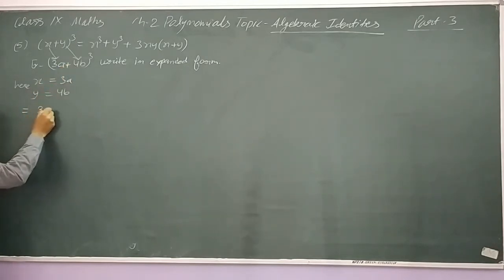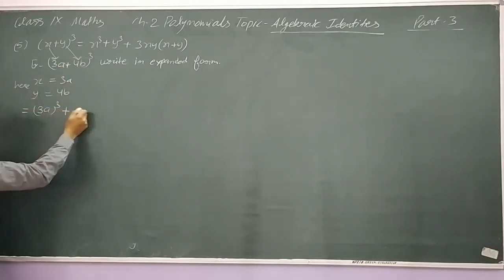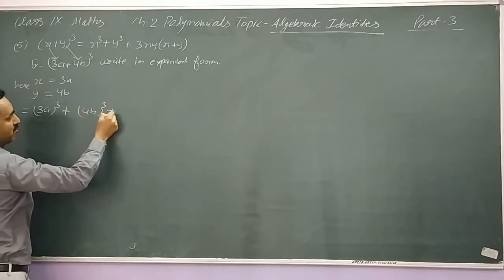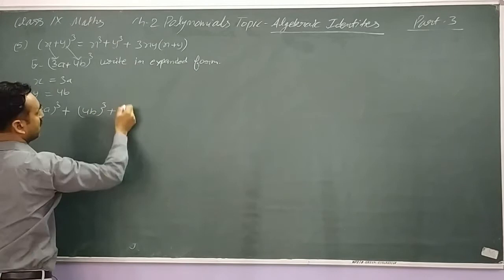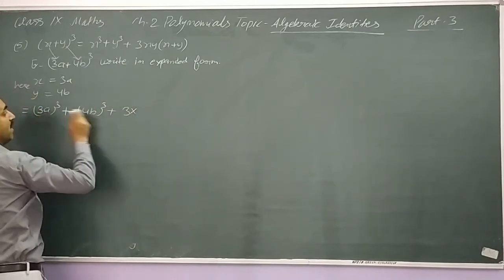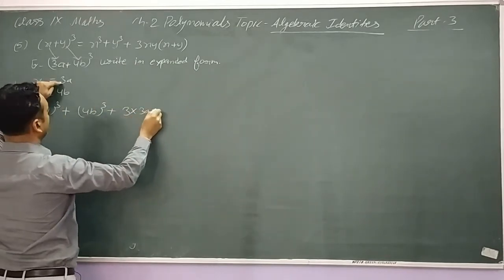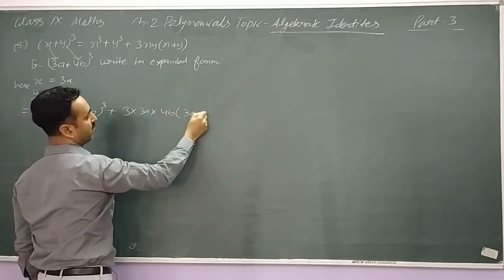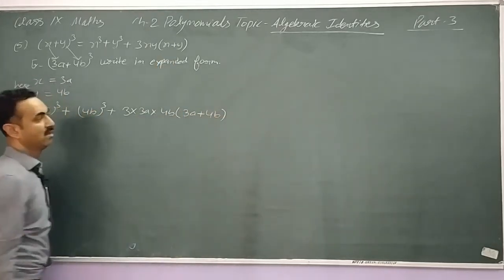x³ means (3a)³, plus y³, y³ means (4b)³, plus 3xy, x means 3a, y means 4b, bracket (x + y), (3a + 4b).